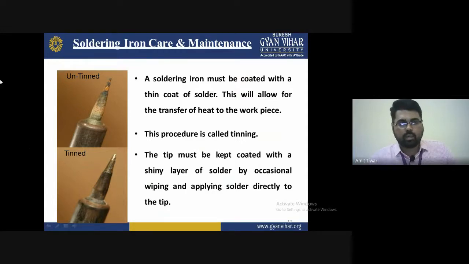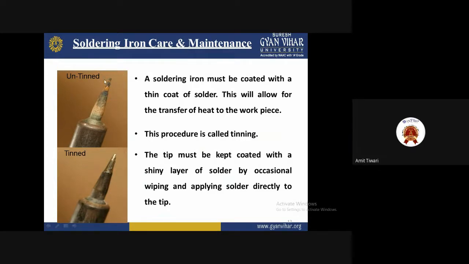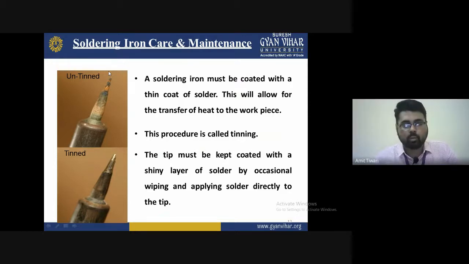Because if this tip portion has a huge temperature during the soldering operation, this will allow transfer of the heat to the workpiece. With this heat transferred to the joint, it will be easy to weld the material. So it is a responsible point to maintain the iron tip temperature to transfer to the work surface.